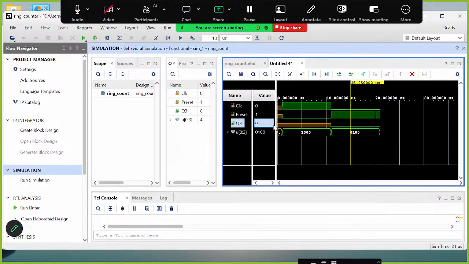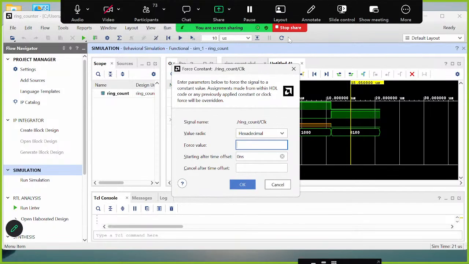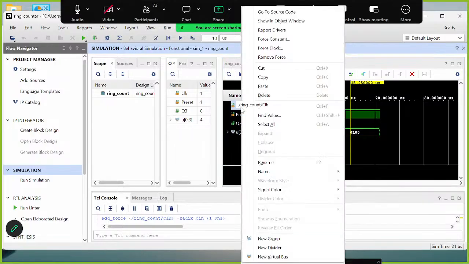Okay, now what we'll do, we will put force constant on the clock, make it 1, and again make it 0.